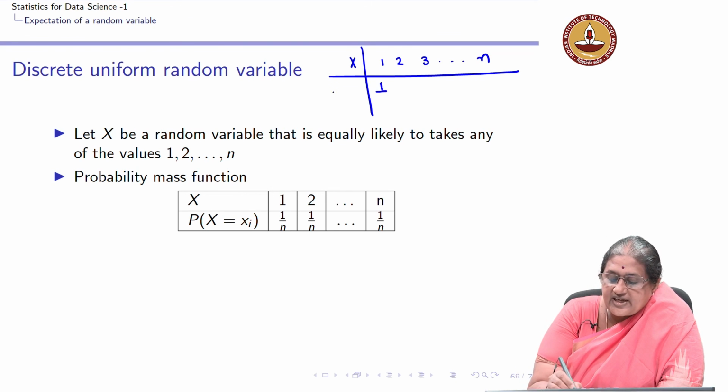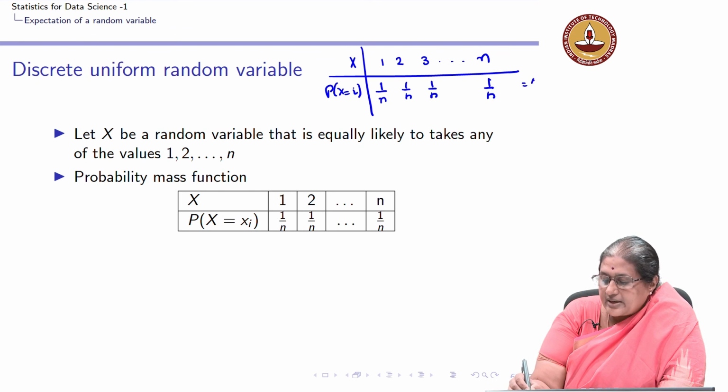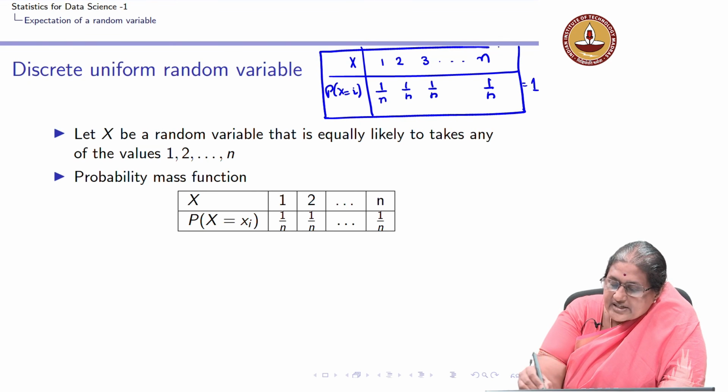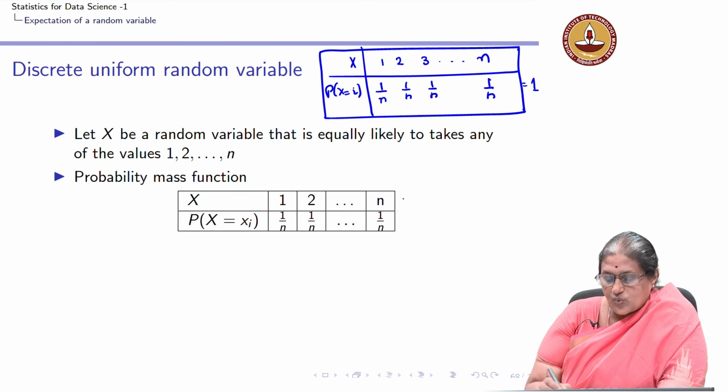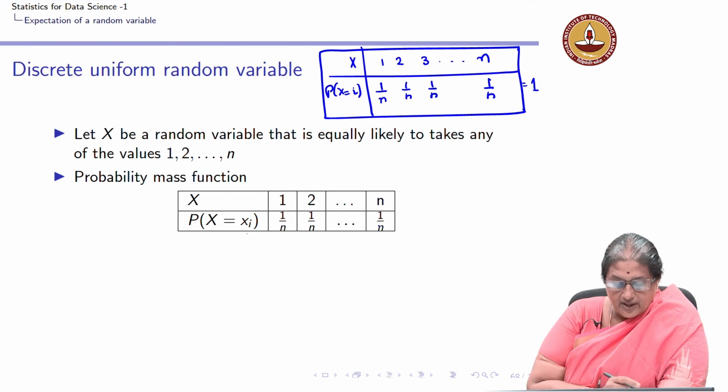So, the chance it takes the value 1 is equal to the chance it takes the value 2. Each one of them has a probability 1 by n. All of them add up to 1, we can verify that. So, the probability distribution is given by x takes the values 1 to n with the probability 1 by n, 1 by n, 1 by n.